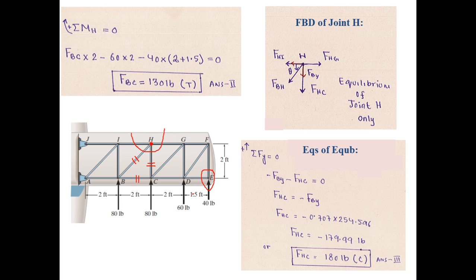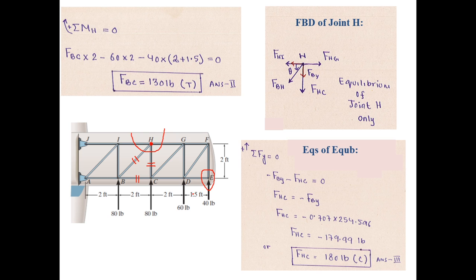So this is how you solve a truss structure using the method of sections. It's simple. You just have to remember that you have to select a section that divides the given truss structure exactly into two portions, and your section must not pass through more than three unknown members.